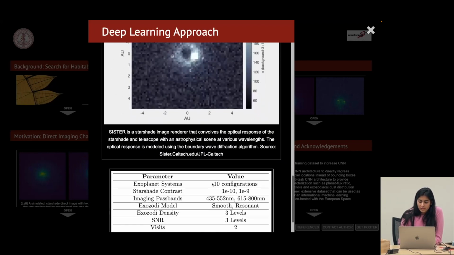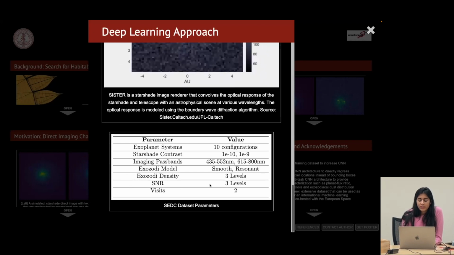Drilling down into a little more detail of what is encompassed in that data set: in terms of exoplanet configurations, it is modeled using 10 known stars with 10 various configurations of exoplanet systems.